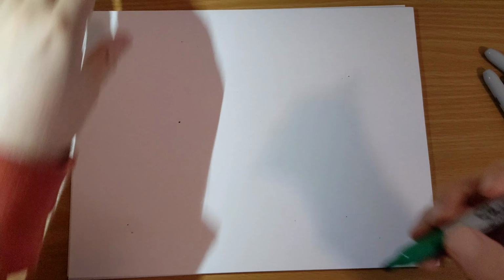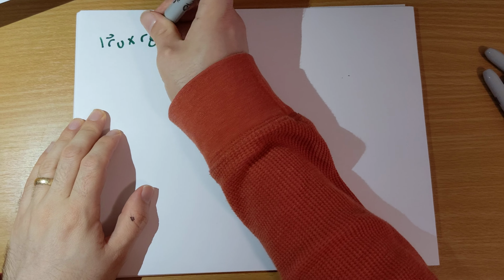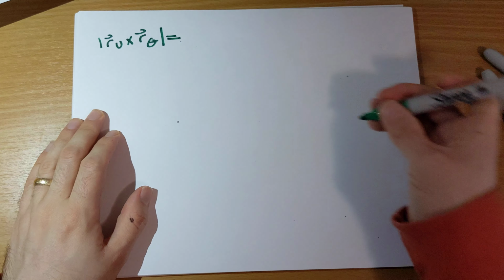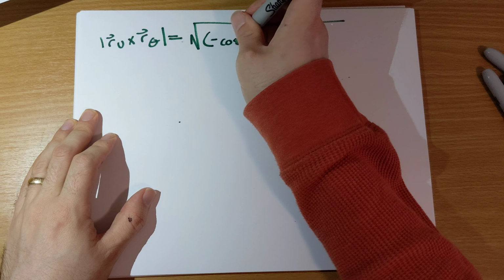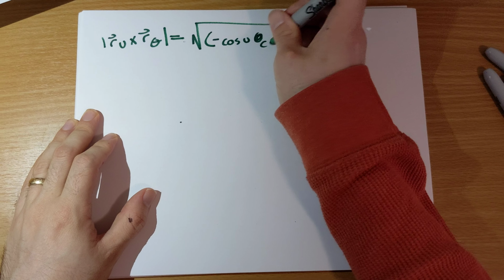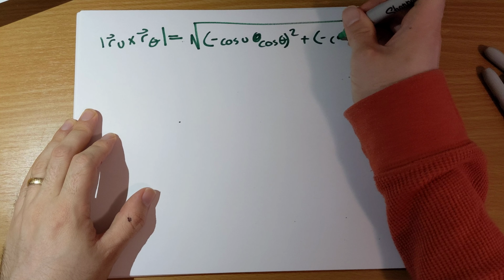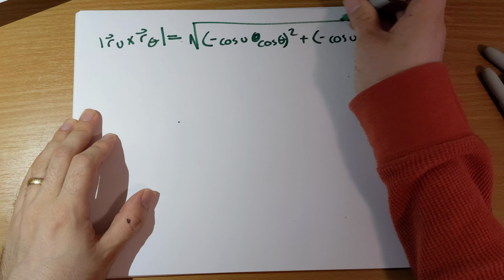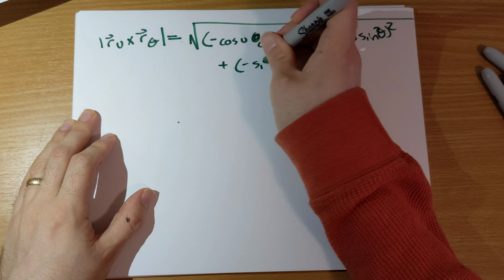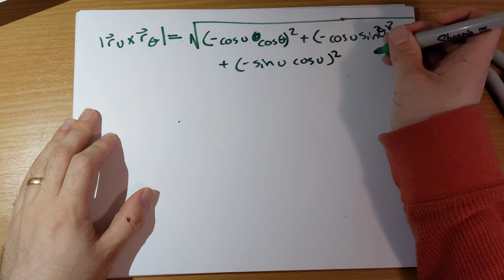And our magnitude of the cross product is going to be the square root of negative cosine u cosine theta squared, plus negative cosine u sine theta squared, plus negative sine u cosine u squared.